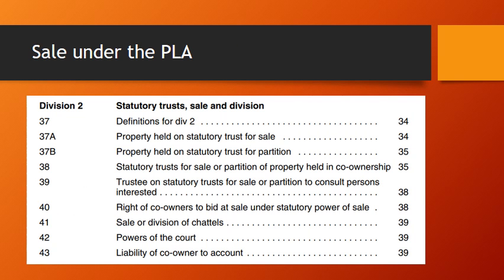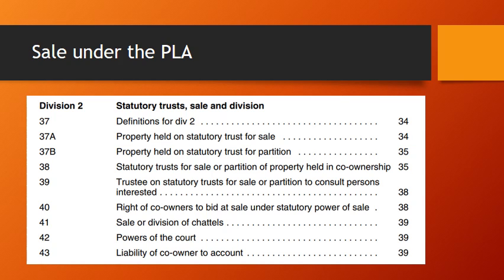Right, so the other way in which a co-ownership can come to an end, we find in the provisions of the Property Law Act, where a co-owner can, rather than trying to dispose of their share individually, might want to sell the entire property, or in some cases, apply to the court for partitioning of the property.